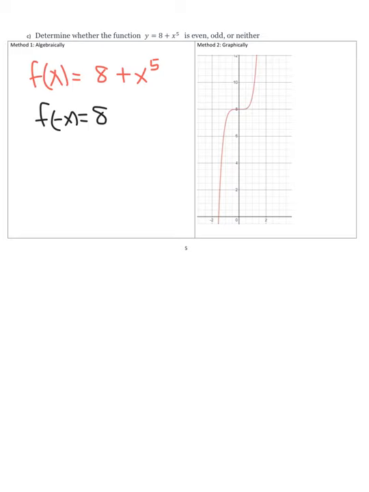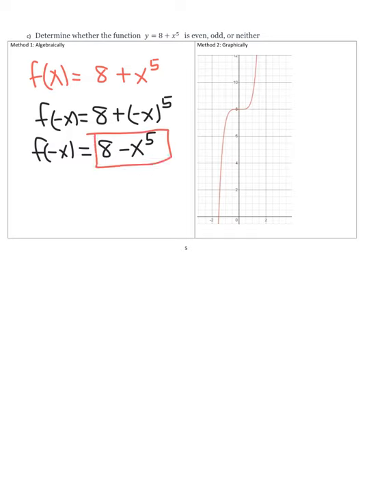So I get 8, and this is negative x to the power 5. So this becomes 8, negative x to the power 5. And I'm going to highlight that.